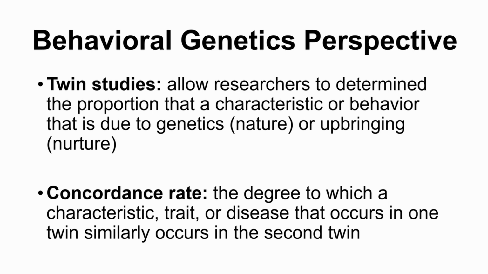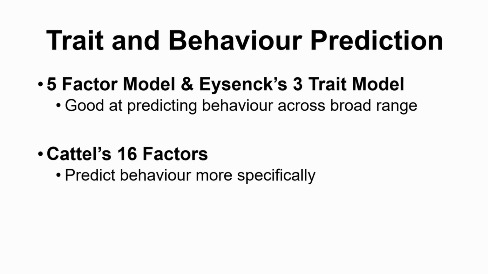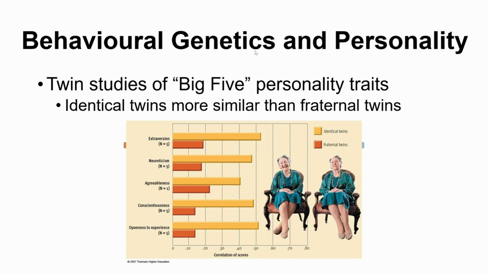So if there is a genetic factor involved in our trait of interest, then our identical twins that share all of their genes, 100% the same genetics, we'd see them have more similarities than their fraternal twin equivalents, because fraternal twins only share 50% of their genes. So sharing fewer genes means that you should have more variation in that trait. And so, of course, that is what we end up seeing.